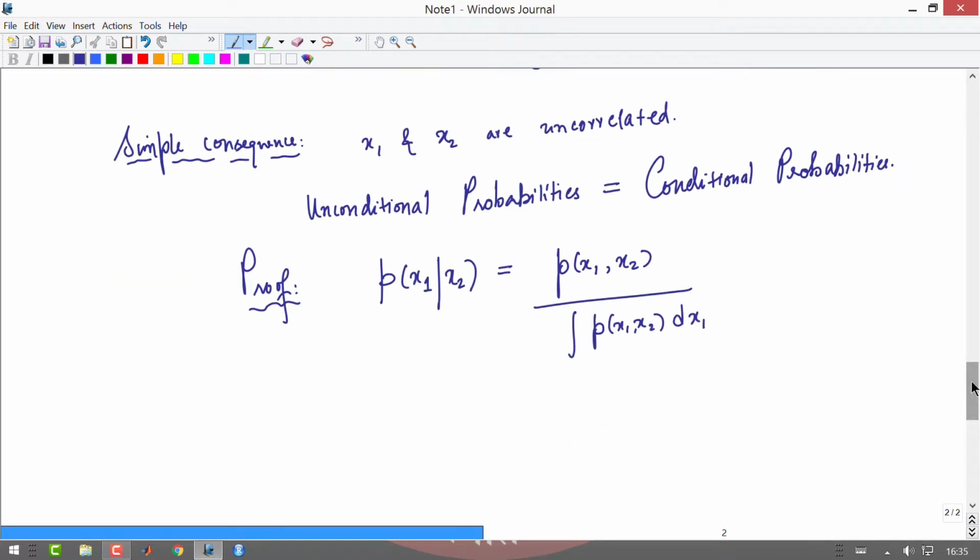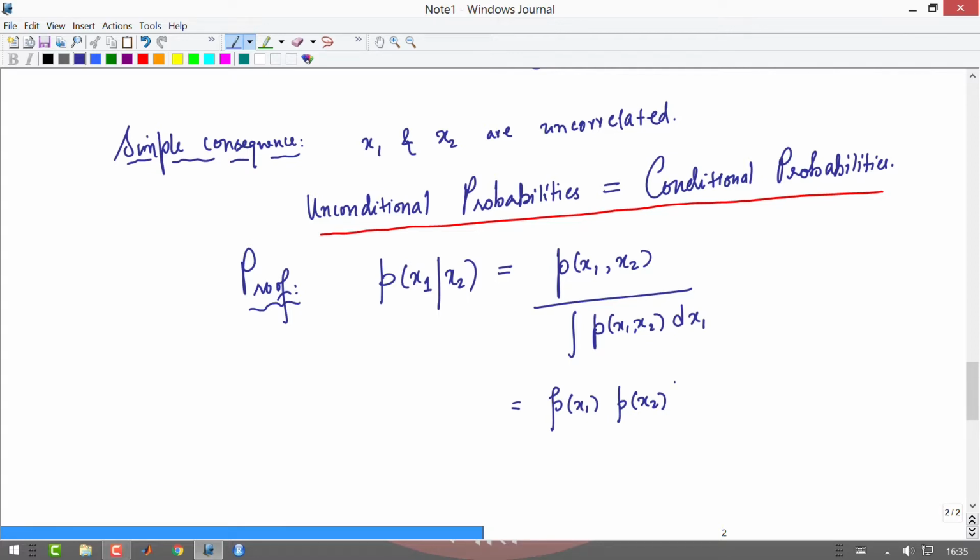Okay. Now since your variables are completely uncorrelated, I can write down the numerator as product of individual probability densities.